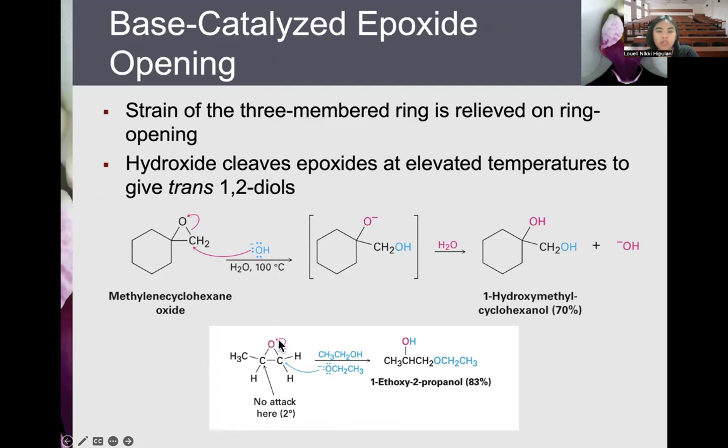This is 1,2 because the oxygen is attached to the first carbon and the second carbon. That's why it's called 1,2-epoxypropane. And it reacts with your base, which is your alcohol, basically. It reacts with this alcohol, and then the OH goes to the less hindered carbon. So it is not here, it is on the right. This is the product.